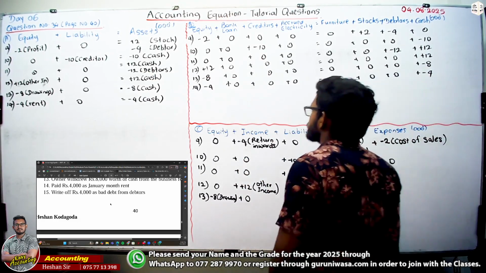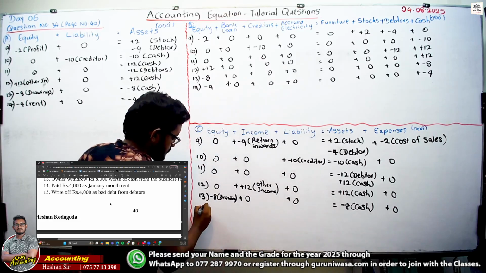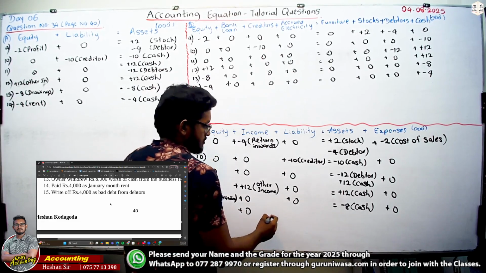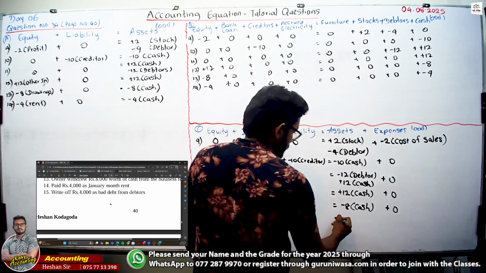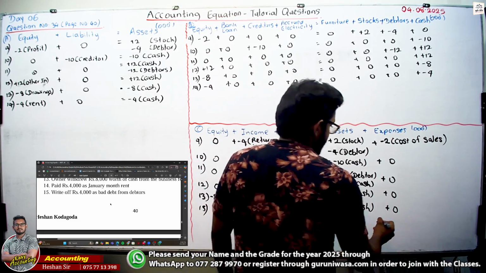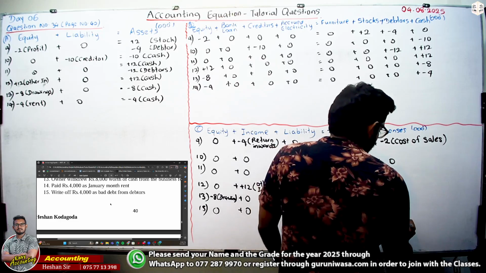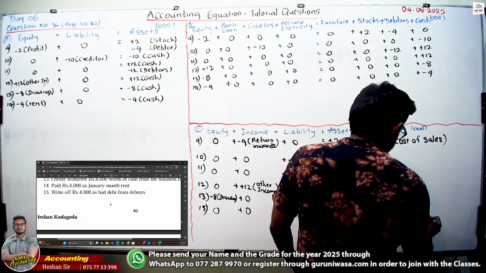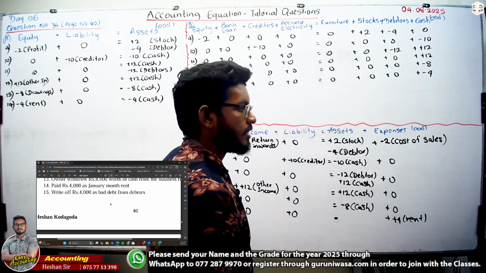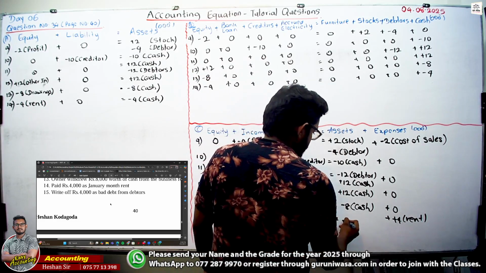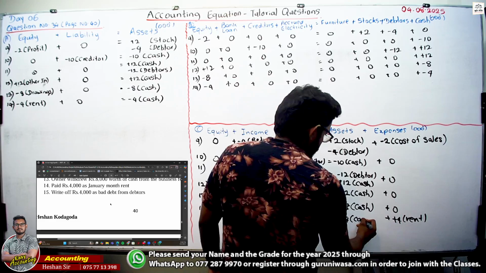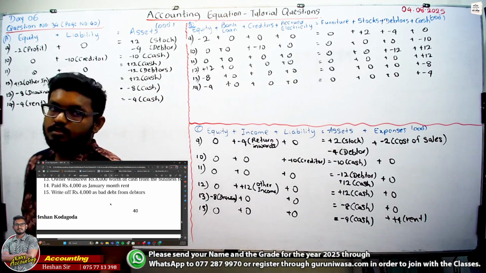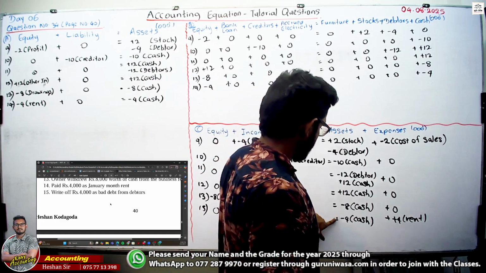In here, just remember, expense increase 4,000 as rent, right? Cash decrease 4,000. Plus into minus, you can see 0, the net, equal sign.